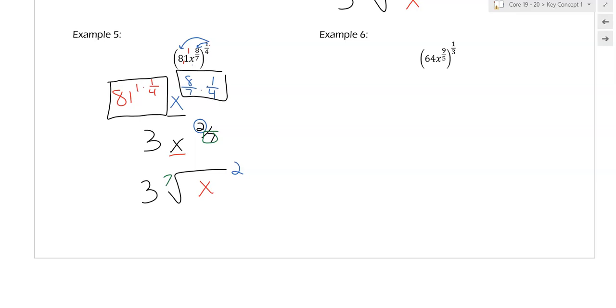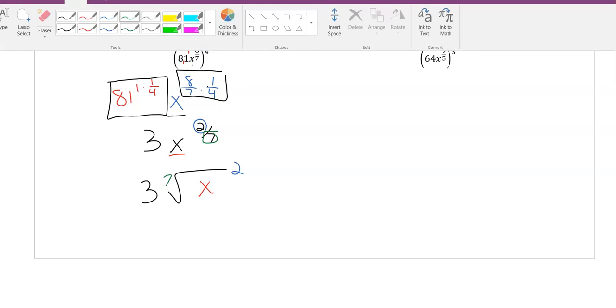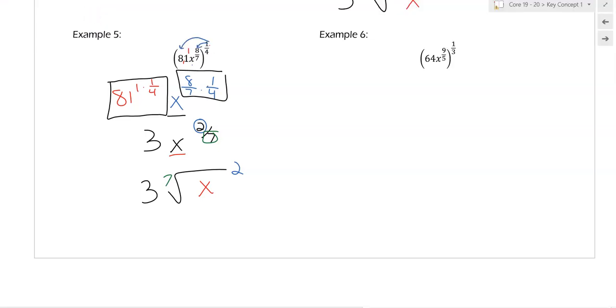All right, at this time, you should have an answer for example 6. All right, we're going to start the same way. 64 has an exponent of 1, so it's 64 to the 1st, and then it also gets that 1/3.